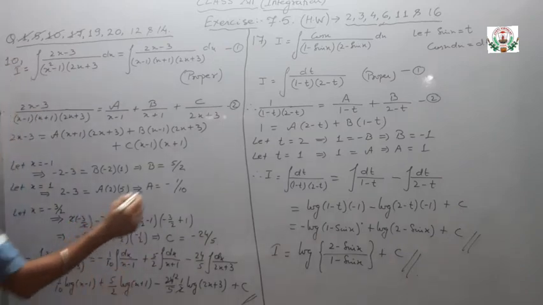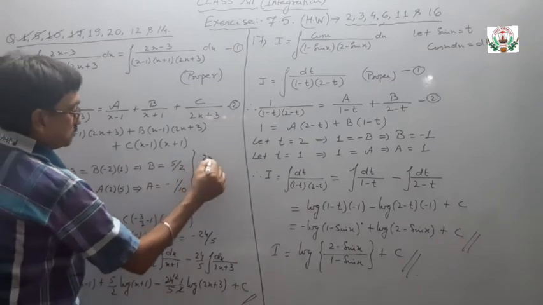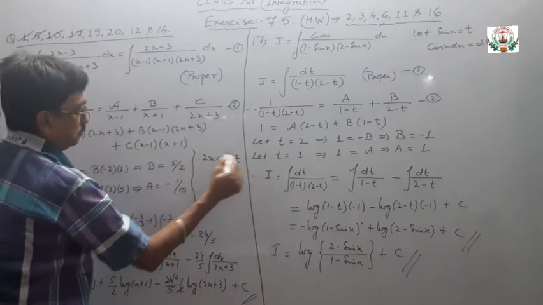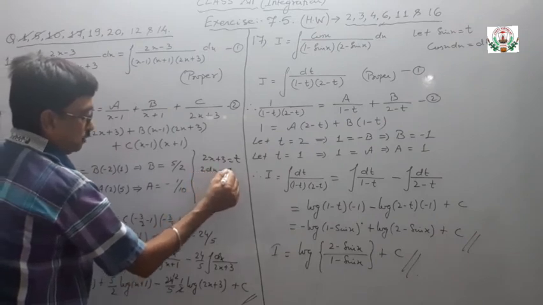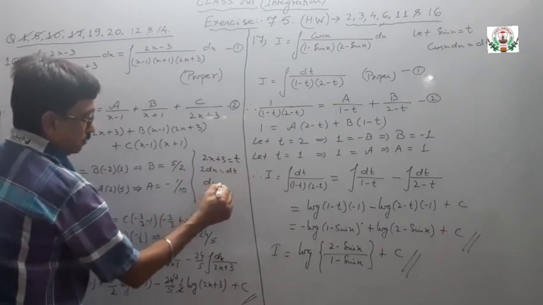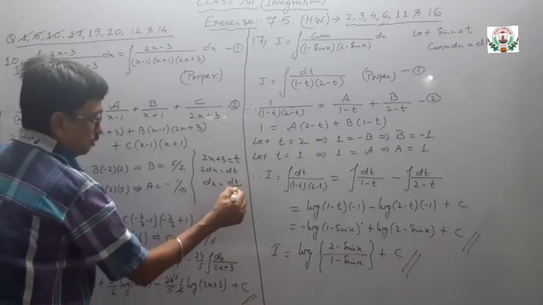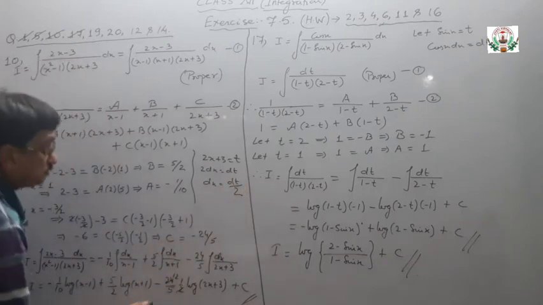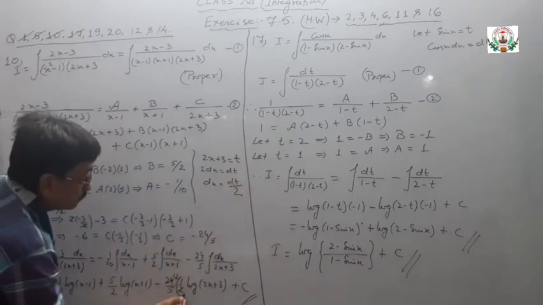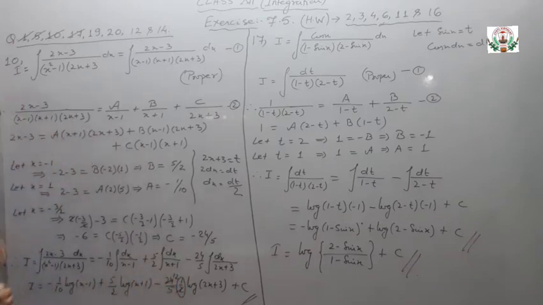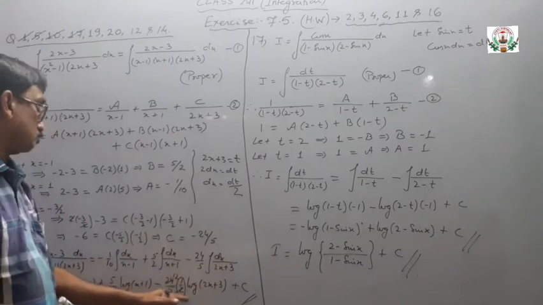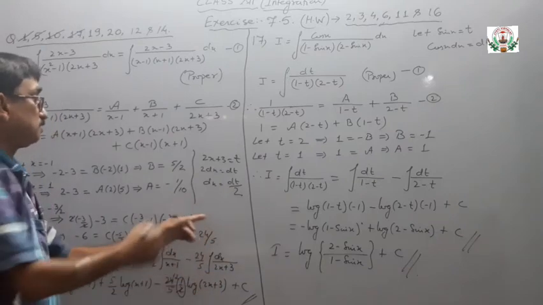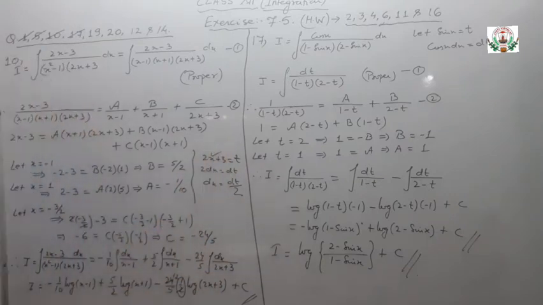If I take 2x plus 3 equals to t, what do I get on differentiation? 2 dx is equal to dt and dx will be equal to dt upon 2. That's why this 2 comes here. So dx is equal to half of dt upon t. So 1 by 2 log t, and t is our 2x plus 3.